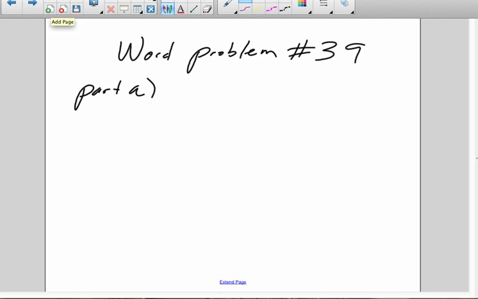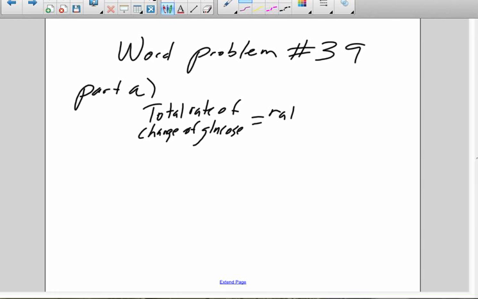Now what we know is that the total rate of change of glucose in the body, and I believe it was glucose they're putting in on an IV, is going to equal the rate of glucose being put in to the IV minus the rate of glucose out.